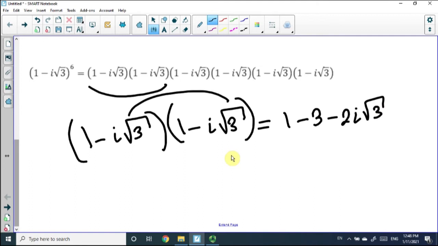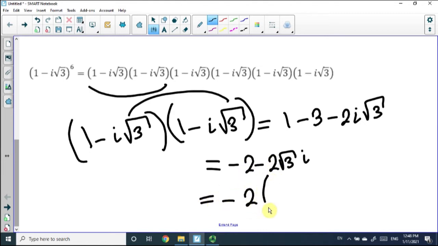So the answer is negative 2 minus 2 square root of 3 times i. Or let's take minus 2 as a common factor. So it's minus 2 times (1 plus i square root of 3). So that's the result when you multiply just two brackets.